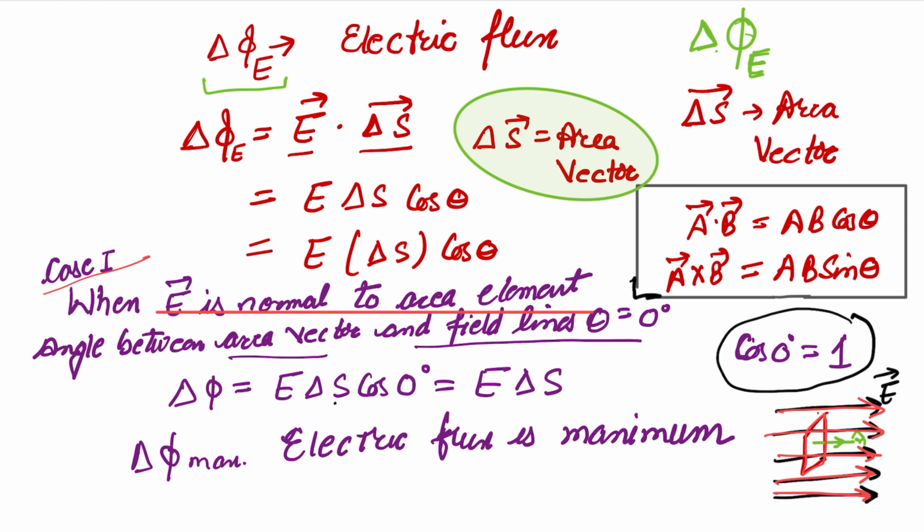So both the electric field and area vector will be parallel to each other, by which the angle will be equal to 0 degree, and cos 0 degree is equal to 1. When you make these substitutions in the expression of electric flux, it gives you E delta S, which is the maximum electric flux.